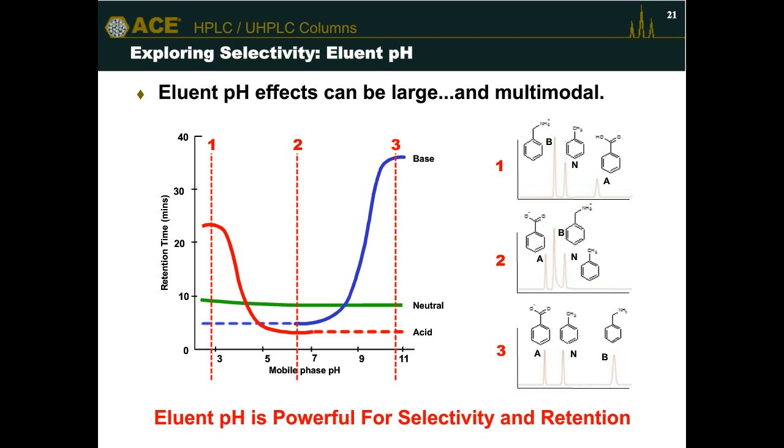And the worst place to work is on one of these steep gradients where very small changes in your mobile phase pH lead to significant changes in your retention time, because that's not going to be a robust method. You're going to have such stringent controls on your buffer that it's not really viable to then put that into a QC environment, for example.